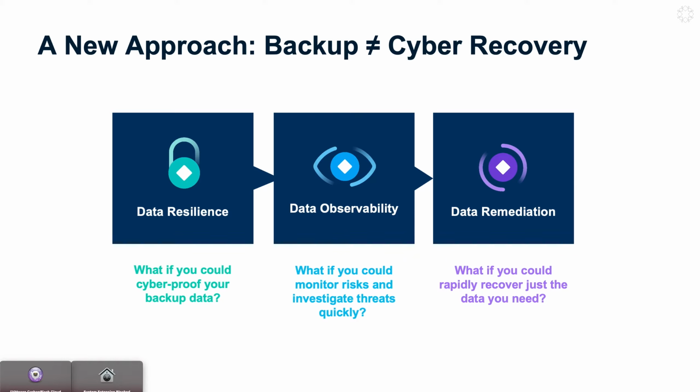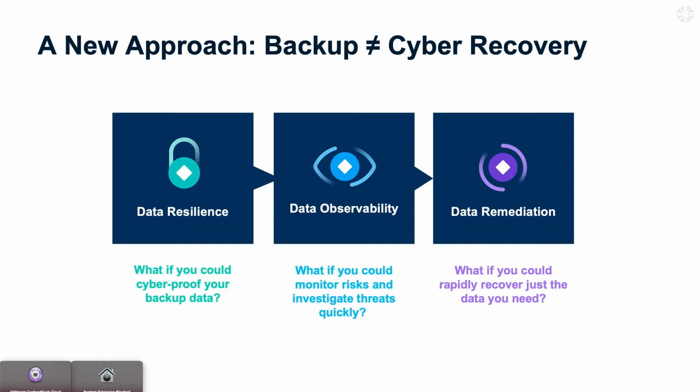And to do that, Rubrik takes a three-pronged approach. Data resilience, so cyber-proofing your backup data from insider threats and ransomware with air-gapped, immutable, access-controlled backups. Data observability, so continuously monitoring that data for ransomware, pinpointing and managing sensitive data exposure in an attack scenario, and hunting for indicators of compromise.